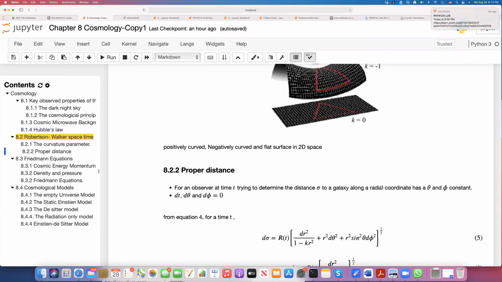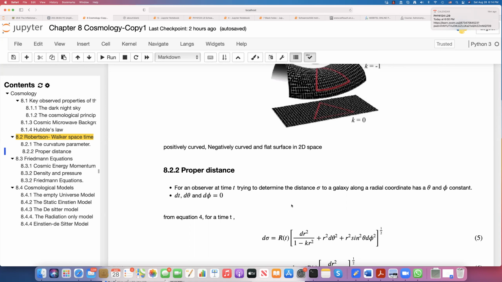So once again, at a particular time t, he or she is trying to determine the distance to a galaxy in his frame, and that distance is sigma, the proper distance. And assuming that he is measuring along the radial coordinate, theta and phi should be constant. We do it this way because it will make things simpler.